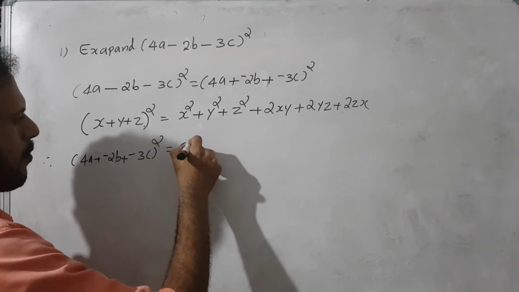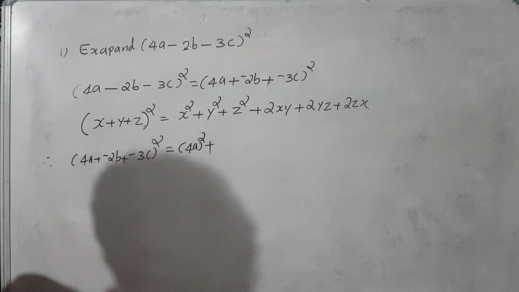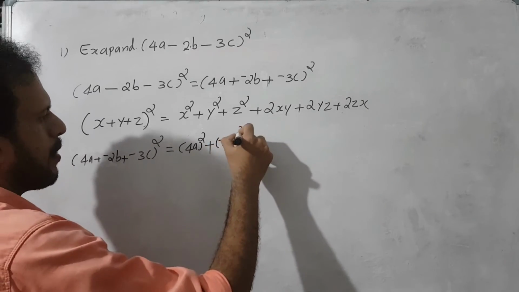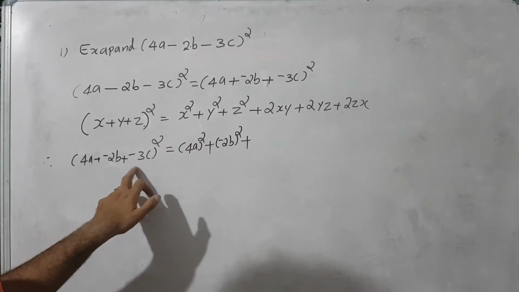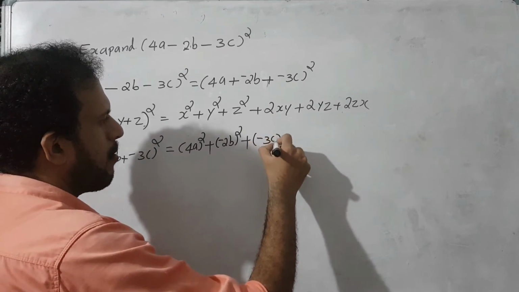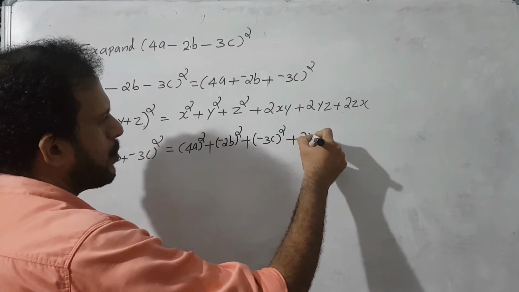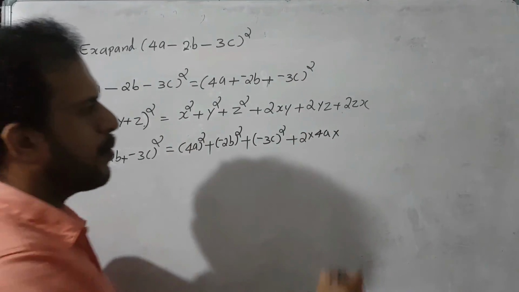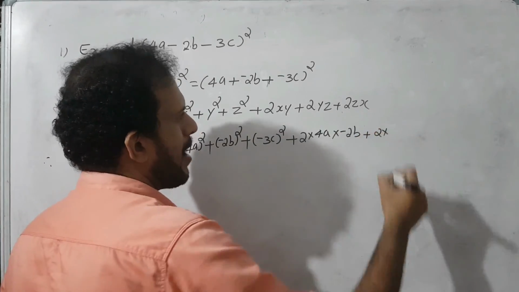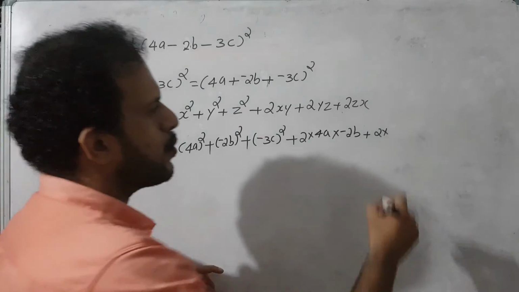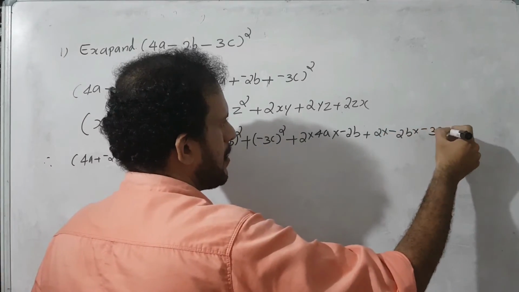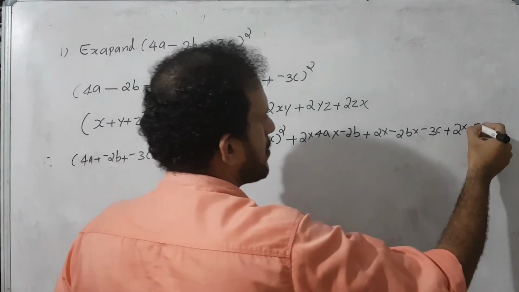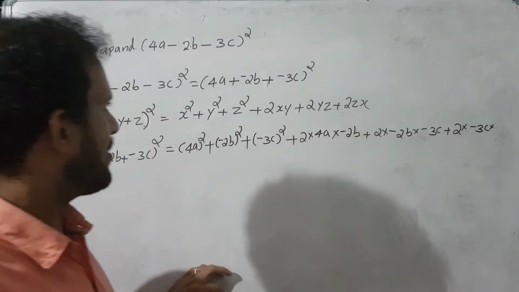So we are writing (4a) whole square plus, what is y? y is minus 2b. (-2b) whole square plus, what is z? z is minus 3c. (-3c) whole square plus 2 into xy. xy means 4a into minus 2b, plus 2yz. yz means 2 into minus 2b into minus 3c, plus 2 into zx. z means minus 3c, minus 3c into, what is x?